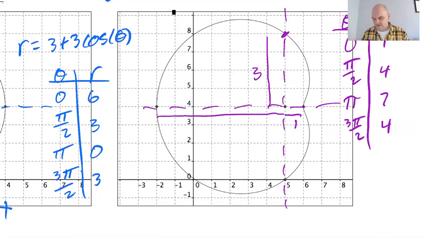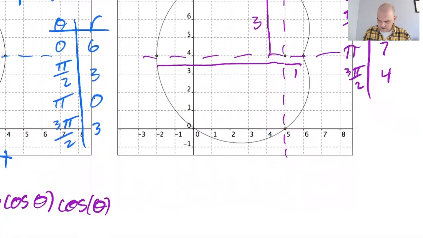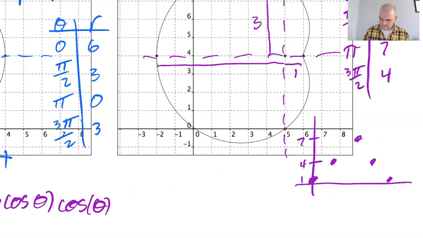So let's plot these and see what we get just in case. Doesn't need to be perfect, you just want it to be kind of nice. So it's going to be 4, 7, and then 1, 1, 4, 7. All right, so when theta is 0, you're at 1, then here, then here, then here, then here.